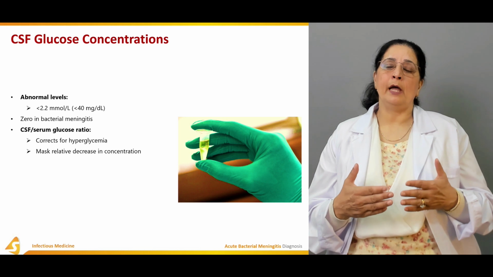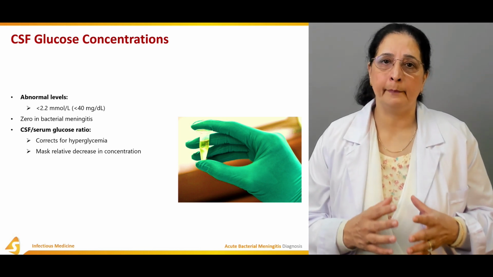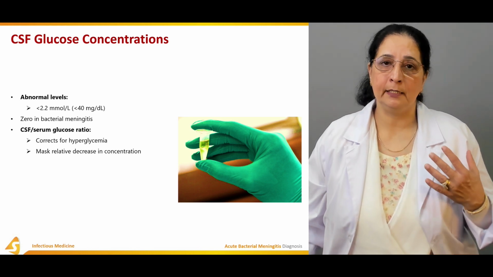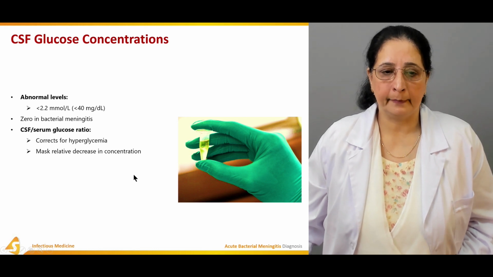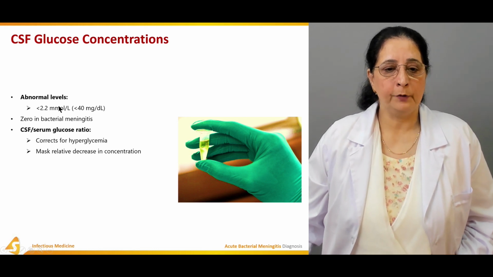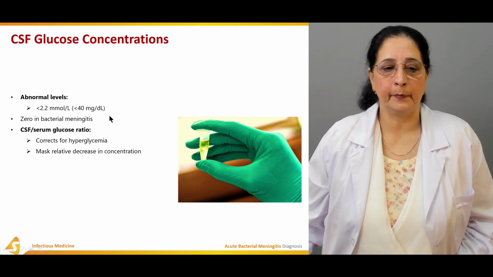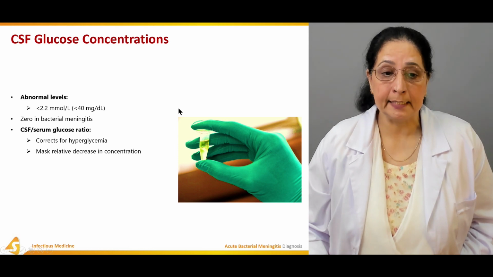In patients who have hyperglycemia, usually you get the wrong measurement, so it should be corrected, as it can mask the diagnosis of meningitis. So abnormal levels are less than 40 milligram per deciliter. It's zero in bacterial meningitis.